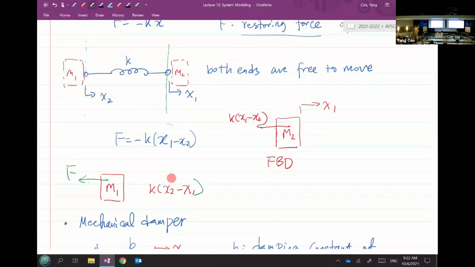It's not about the actual calculation. Is that good? Okay, so this is important because as you're going to see next, when we have 2 degrees of freedom to draw a free body diagram, you have to be able to draw the direction correctly and also label this as it's supposed to be.